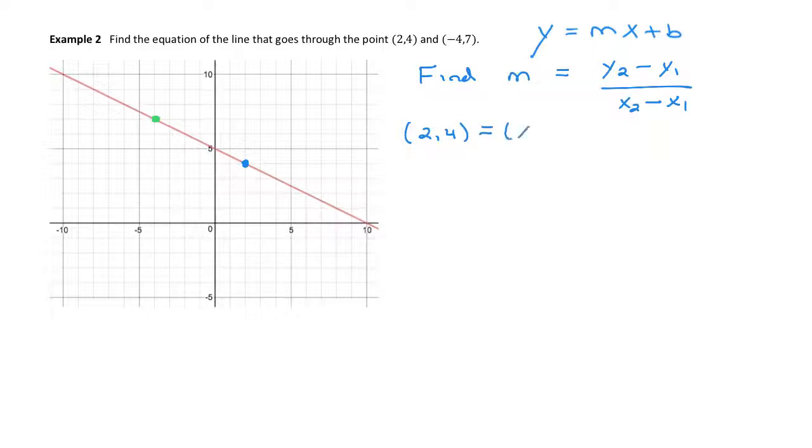I'll call this x1, y1. And then the point (-4, 7), which I label as green, and I'll put that as x2, y2. If I want to know the slope between these two points, I do y2 minus y1, so that is 7 minus 4, all over x2 minus x1, which is -4 minus 2.